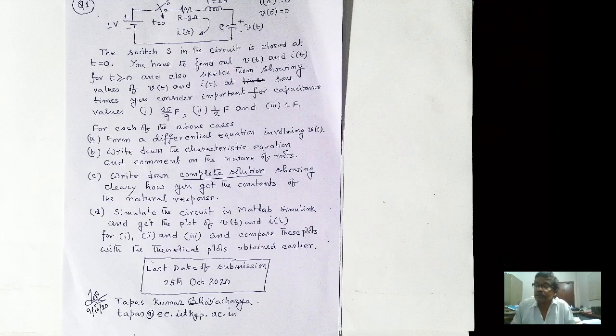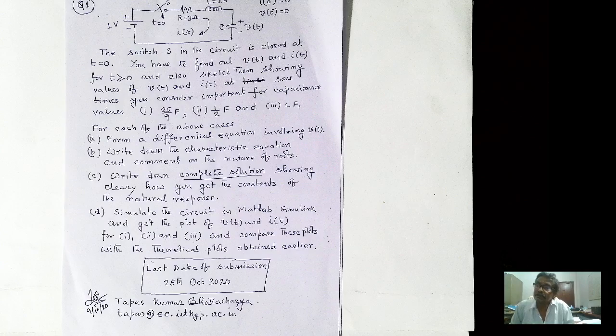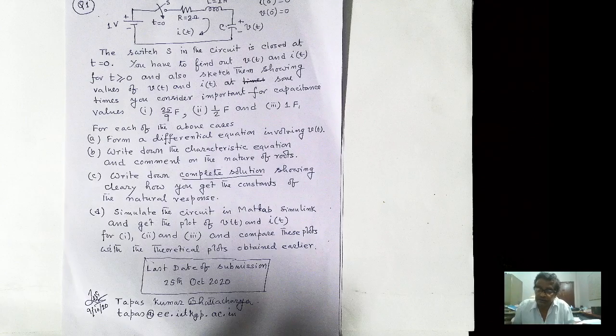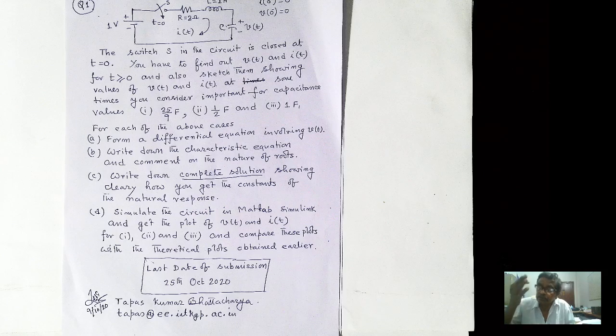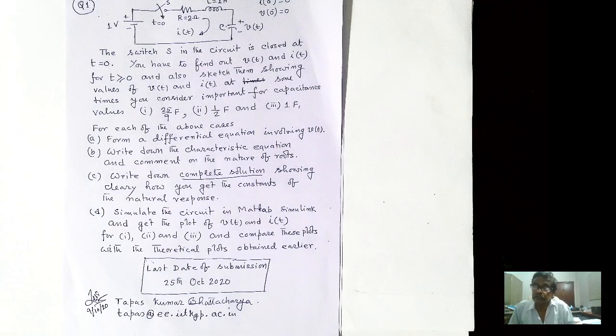Then go to the MATLAB environment. So for this problem, how many things will there be? There will be a theoretical analysis and plots, preferably on a graph paper to scale, along with the simulation results obtained from MATLAB.